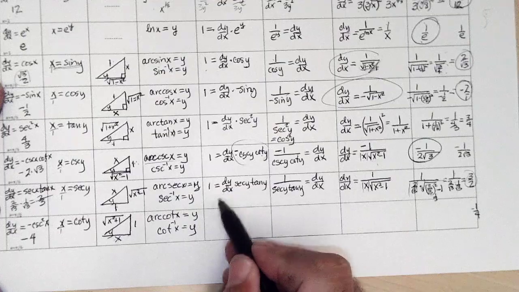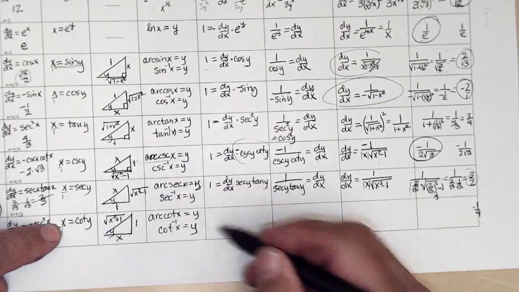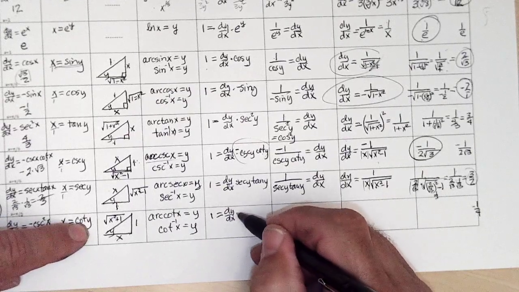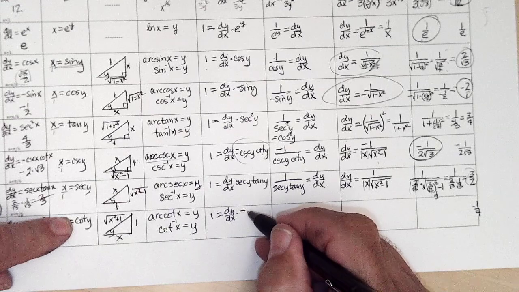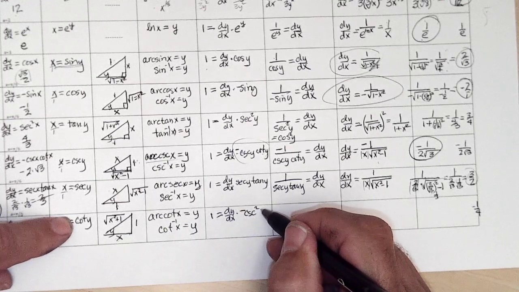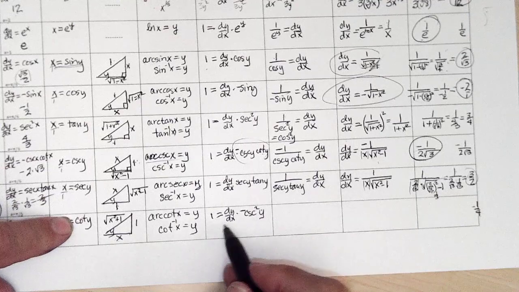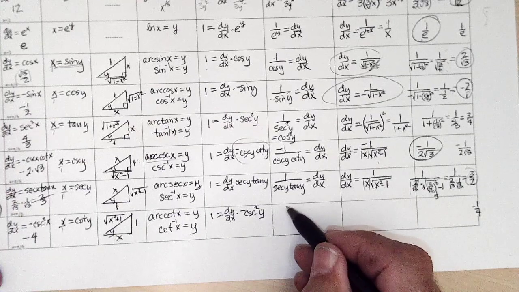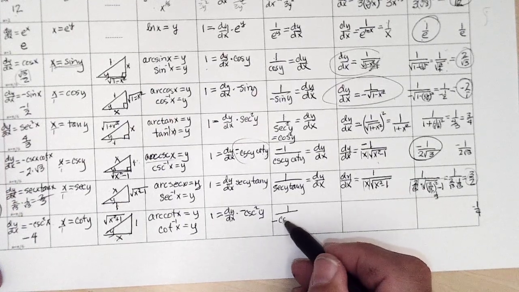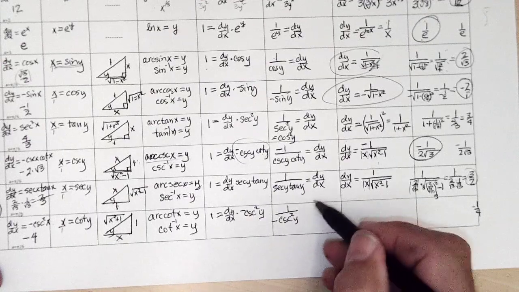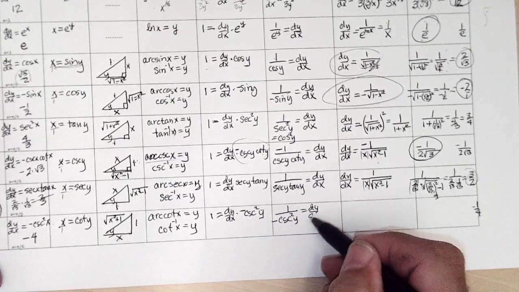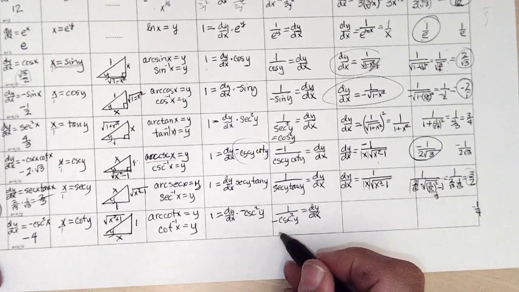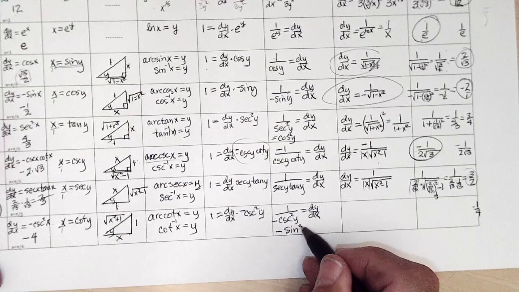We're going to take the derivative of x, which is 1, derivative of the inside, times the derivative of cotangent. And so now we solve for dy/dx, and that becomes 1 over minus cosecant squared y is dy/dx, but 1 over cosecant is sine, so this is just minus sine squared y.